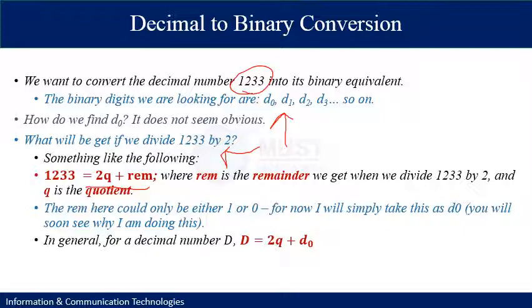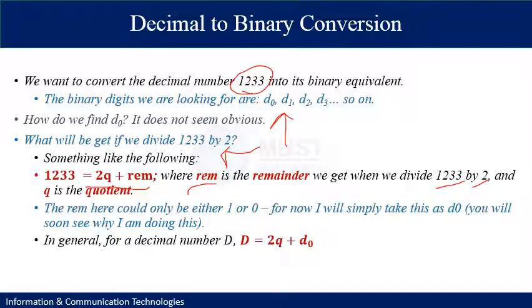Here REM is the remainder, and when we divide this value by 2, we get a quotient q, which is a multiple of 2, and some remainder. The remainder here could be either 0 or 1 because we are dividing by 2.